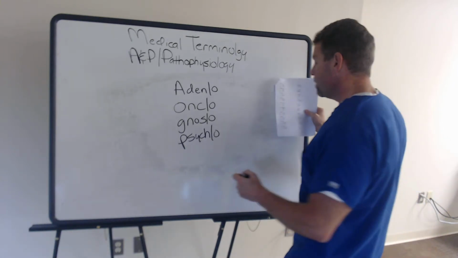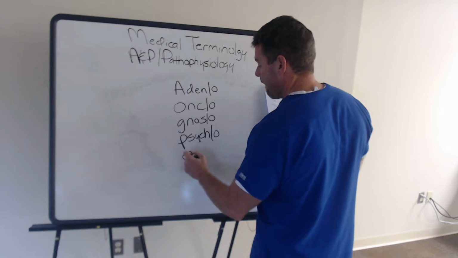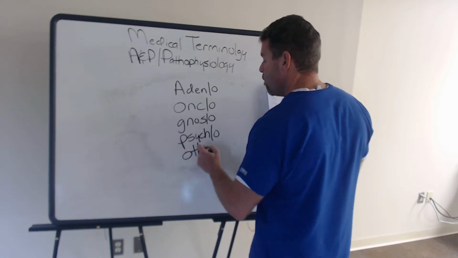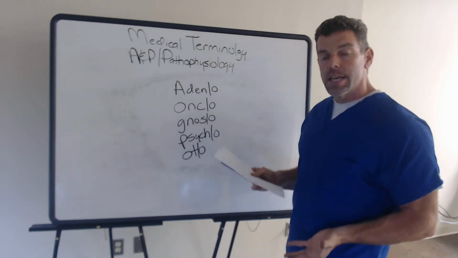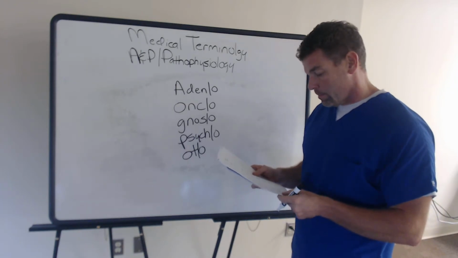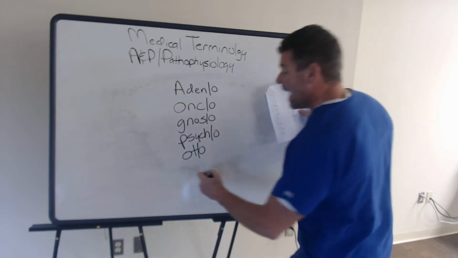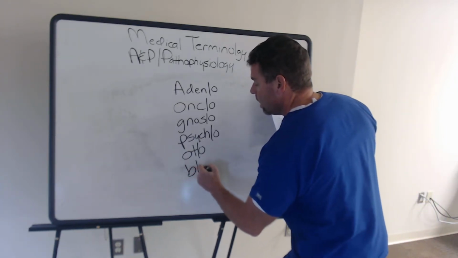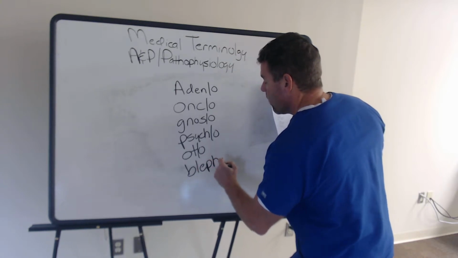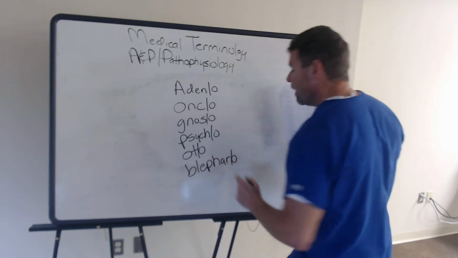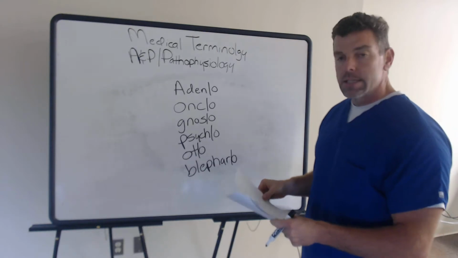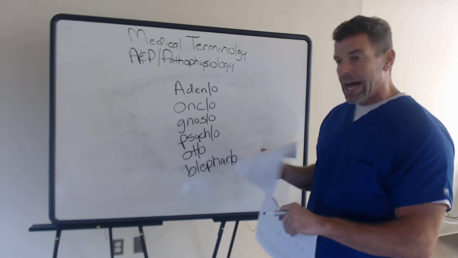A combining form that means ear is oto. Oto means ear, an otoscope, for example. Eyelid. Blepharo is a combining form that means eyelid.